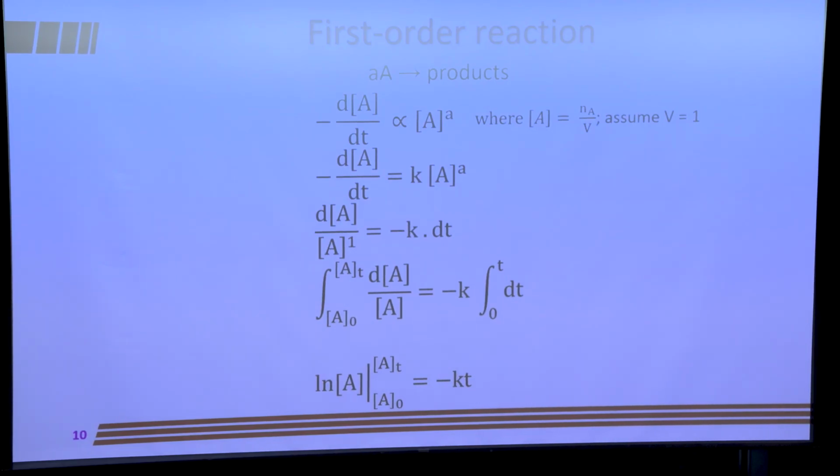It's first order with respect to A, and if that's the case, then we have the change in concentration of A over the concentration of A to the power of 1 equal to minus the rate constant times dt. And we integrate that, we get the log of A from A0 to At equal to minus k times t. I think this is fairly straightforward for everybody.